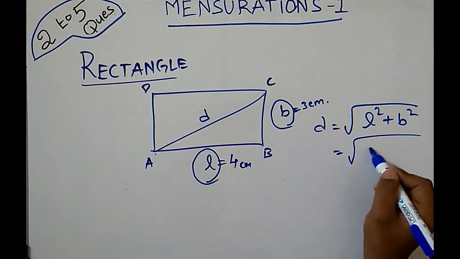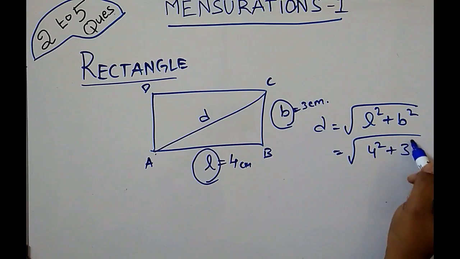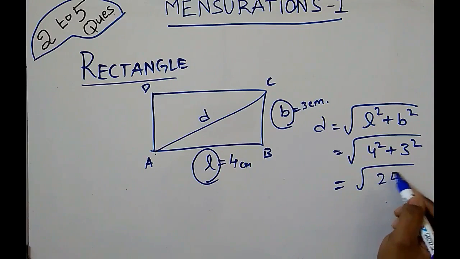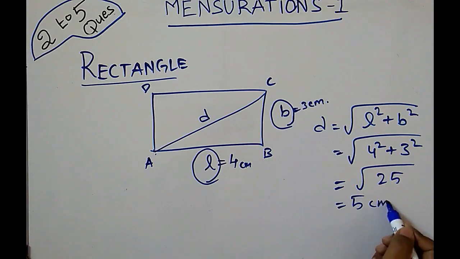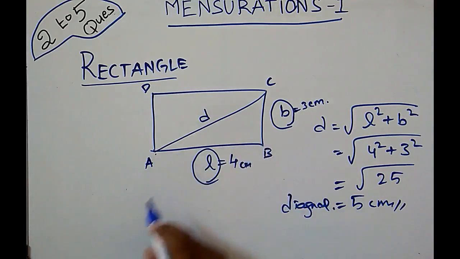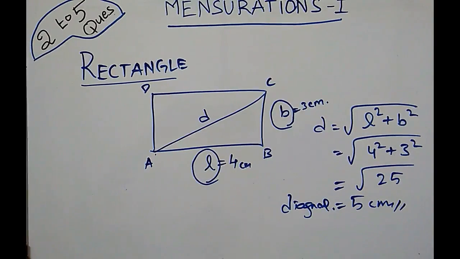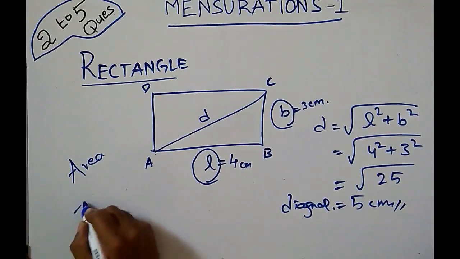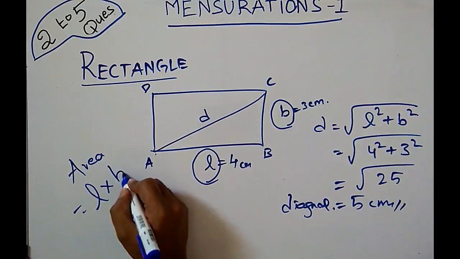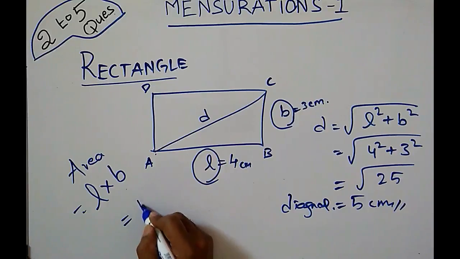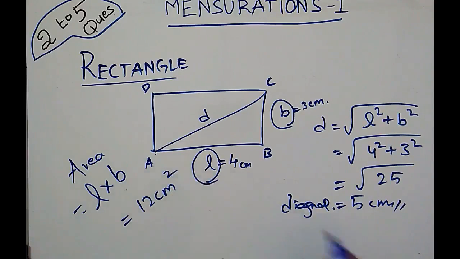That equals 4 square plus 3 square, which is 16 plus 9, 25, equal to 5 centimeters. So by using the hypotenuse theorem, we can find the length of the diagonal. And the area of the rectangle is the multiplication of length into breadth, that is L into B. Here the area is 4 into 3, 12 centimeter square.